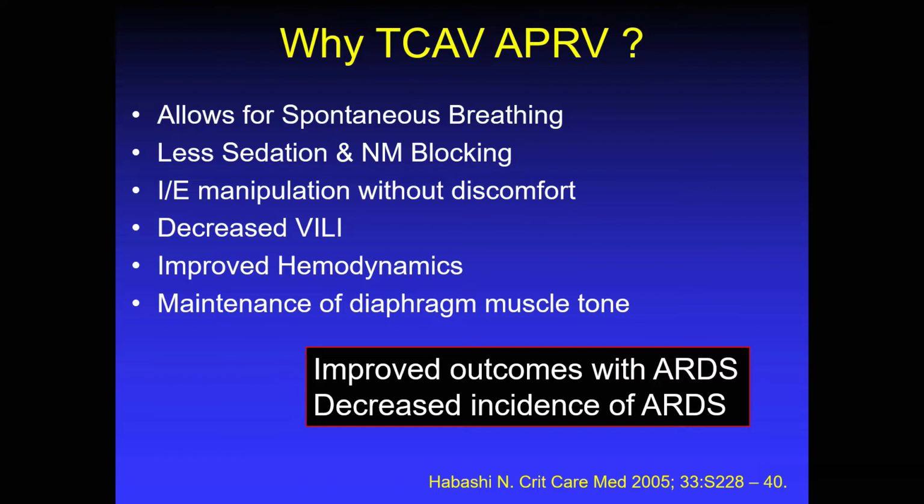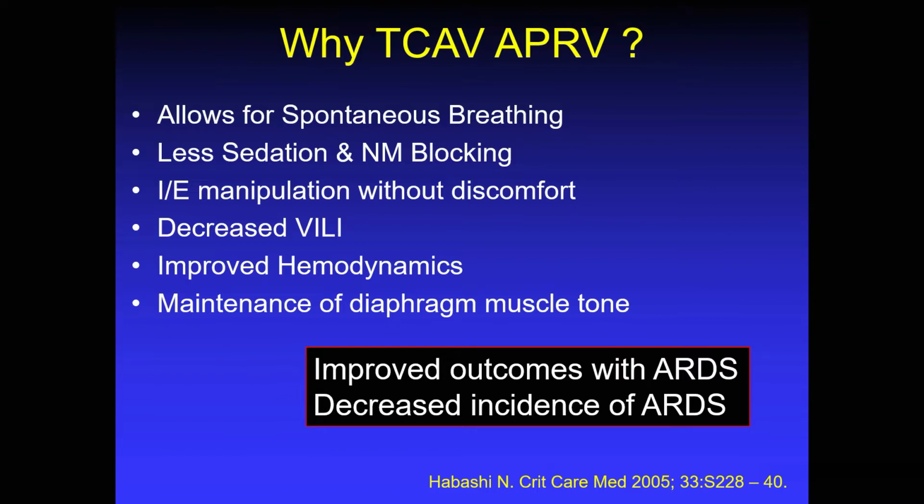Why TCAV APRV? Well, we saw that hypothetical and conceptual advantages supported in the literature include the ability for TCAV APRV to permit spontaneous breathing despite giving significant both ventilatory and oxygenation support and significant reversal of I to E, but without the need for neuromuscular relaxation and significant sedation.